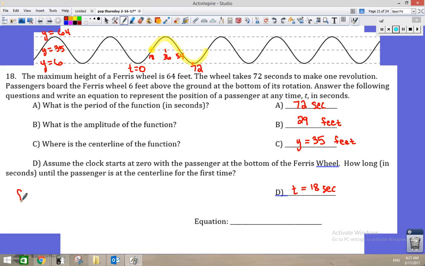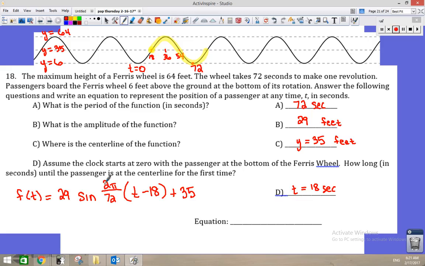We've got this function of time. We have an amplitude of 29. We have 2 pi divided by the period of 72. We have a shift to the right, 18 units. So actually to the right is subtraction. And we had a vertical shift to get to the center line of up 35.